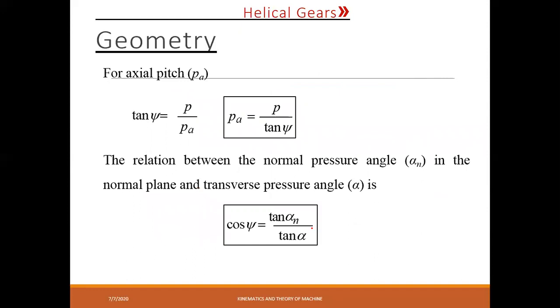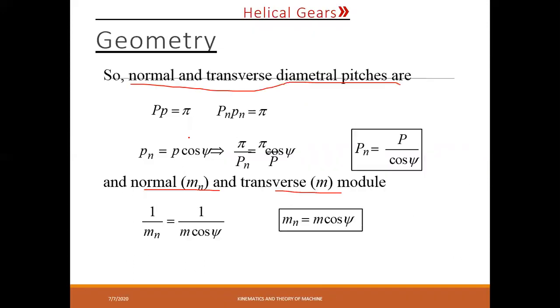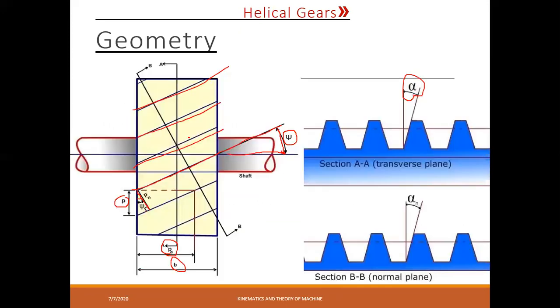Now, for the axial pitch PA, tan psi is equal to P upon PA. How is this possible? So again we are going to this figure. This is the psi, right?